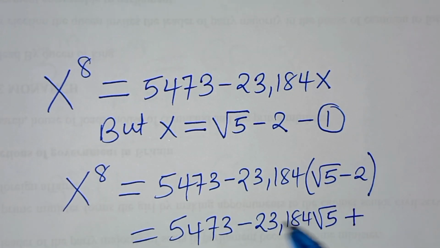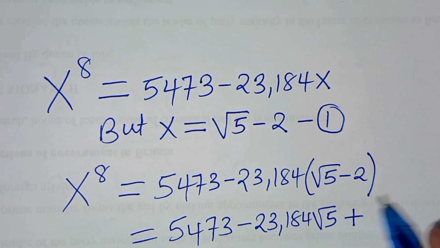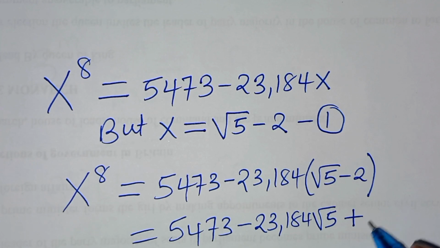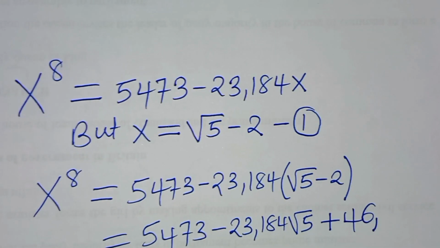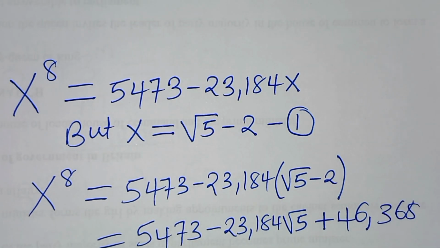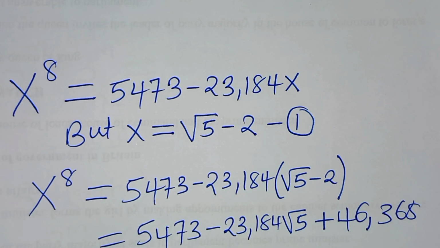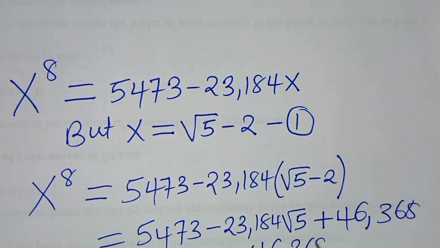Then plus negative 23,184 multiplied by minus 2. This is plus 46,368. And therefore, let's put the like terms together here. We have 46,368 plus we have 5473.